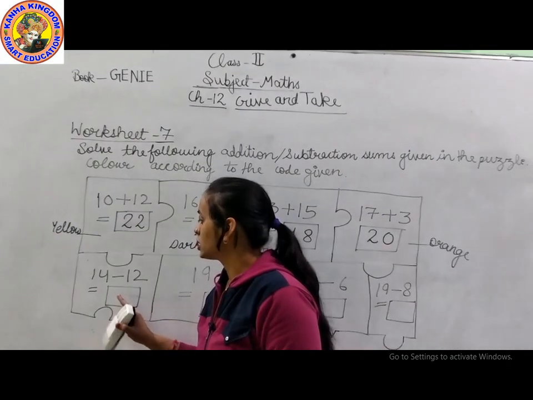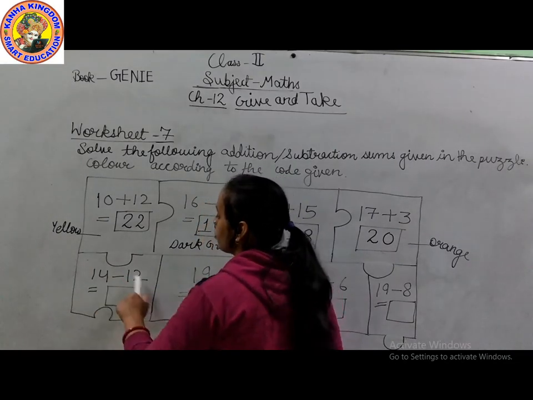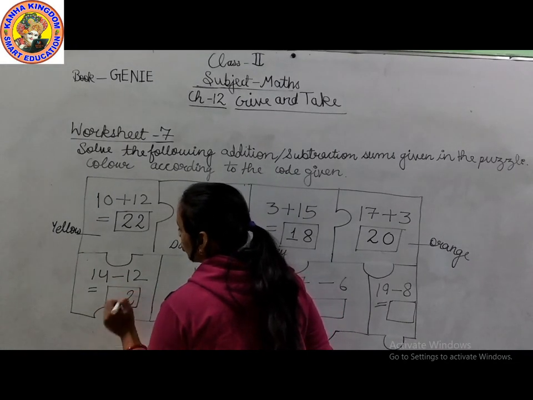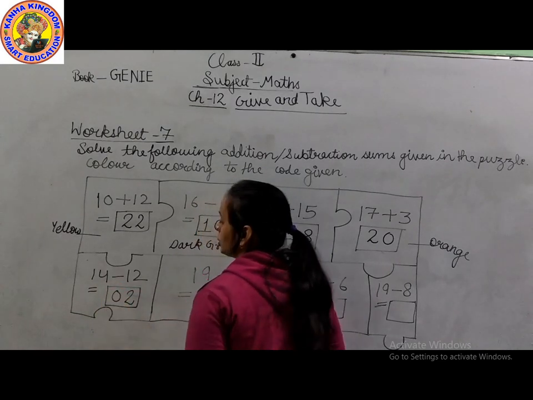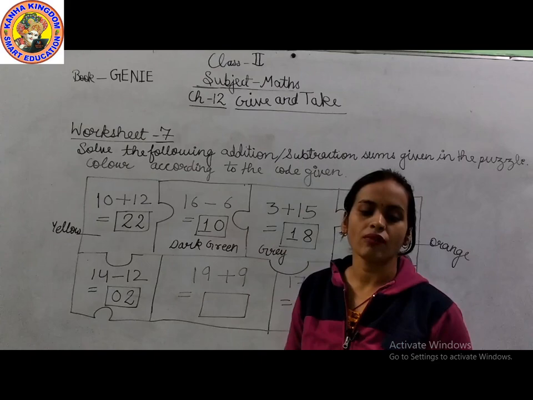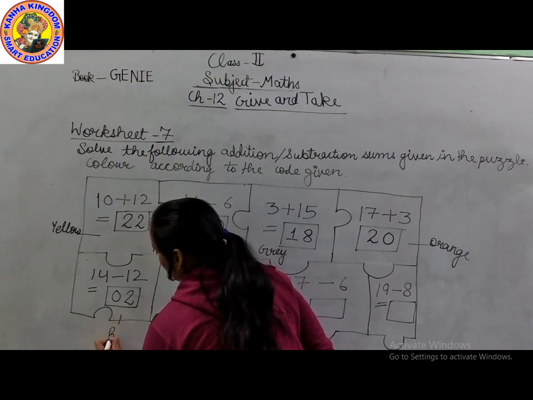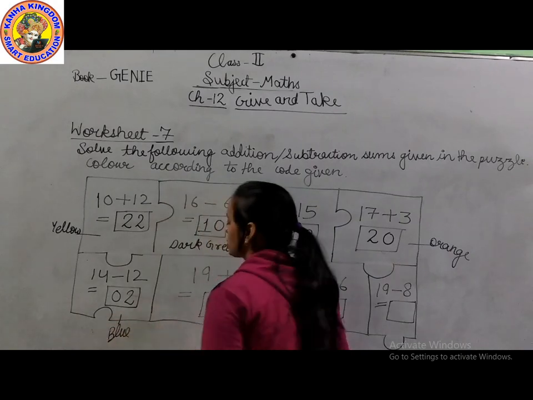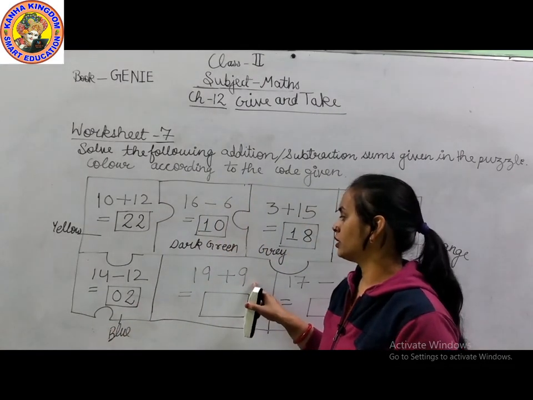Now next is 14 minus 12. So 4 minus 2, 2, 1 minus 1, 0. So color code of 2 is blue. So fill blue color in this puzzle. Now next is 19 plus 9.